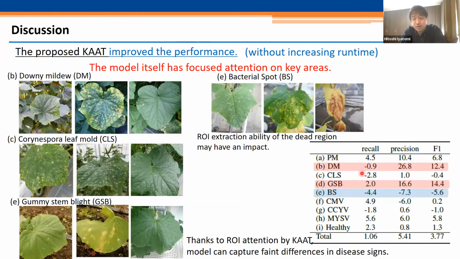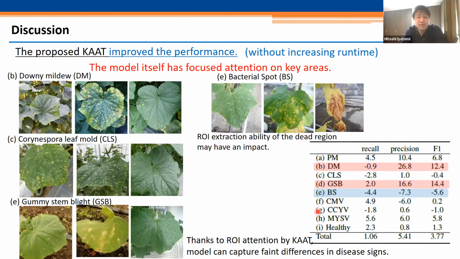Those two typically increase the performance, and bacterial spot deteriorates the performance. All of these diseases have granular symptoms, and sometimes the leaf lesion will die. So for those tasks, especially downy mildew and gummy stem blight significantly increase the performance.